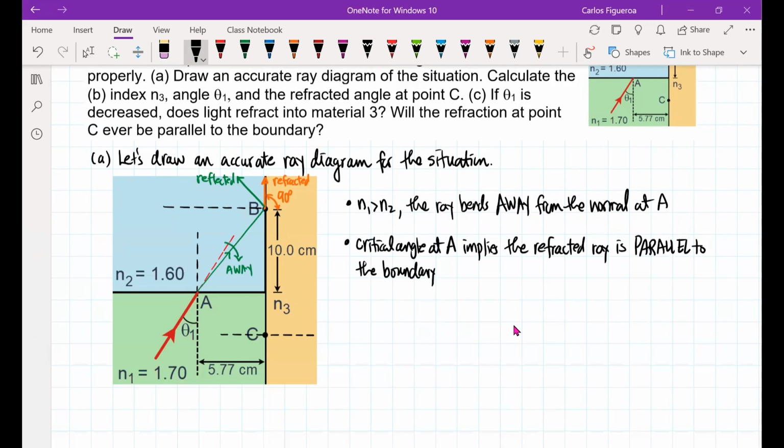And this angle, maybe a good name would be to call that θ2,3, which is 90 degrees right there.